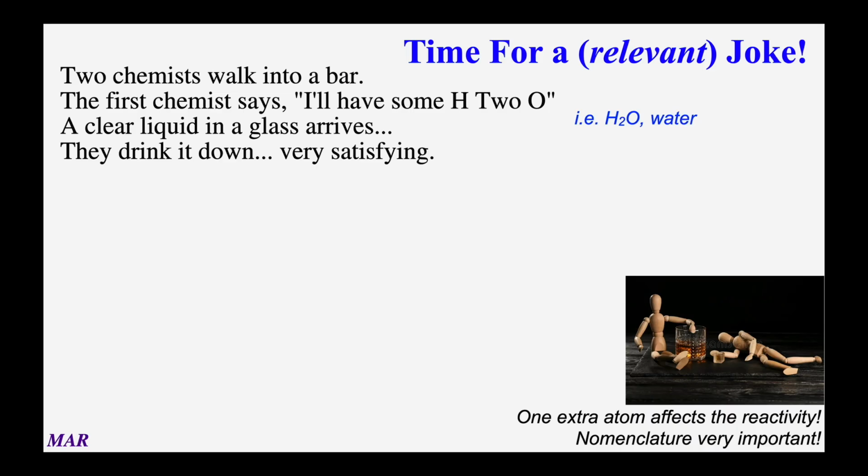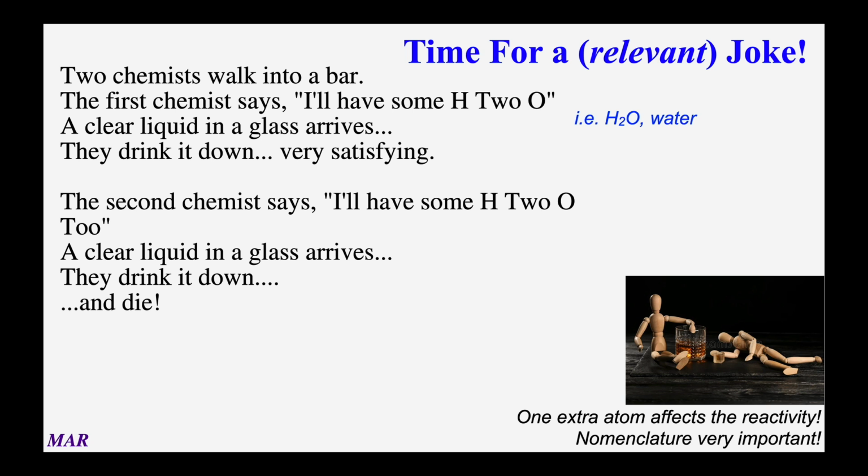But first, let's have a relevant joke. Anyway, so bear with me. Two chemists walk into the bar, and the first chemist says, "I'll have some H2O." And if you don't know already, or maybe you do, H2O is the symbol for water. So the bartender gives them a clear liquid in a glass, and they drink it down. Good old cold water sounds awesome. No problem.